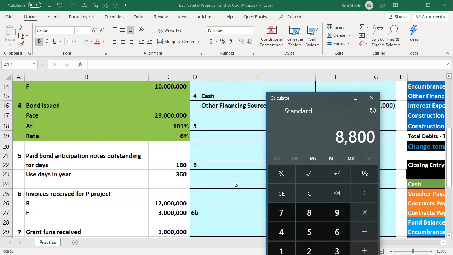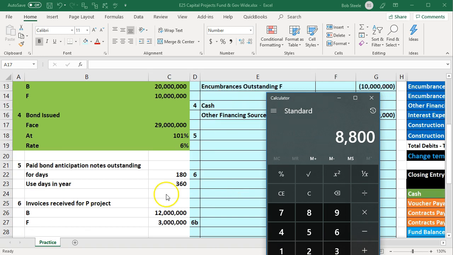That would be for a year, and we had this for 180 days. So I'm going to break this down into a per day amount then, assuming there's 360 days in a year, 12 months times 30, as opposed to 365. So we're going to divide by 360. That's per day interest times 180, and that's going to give us our interest amount.